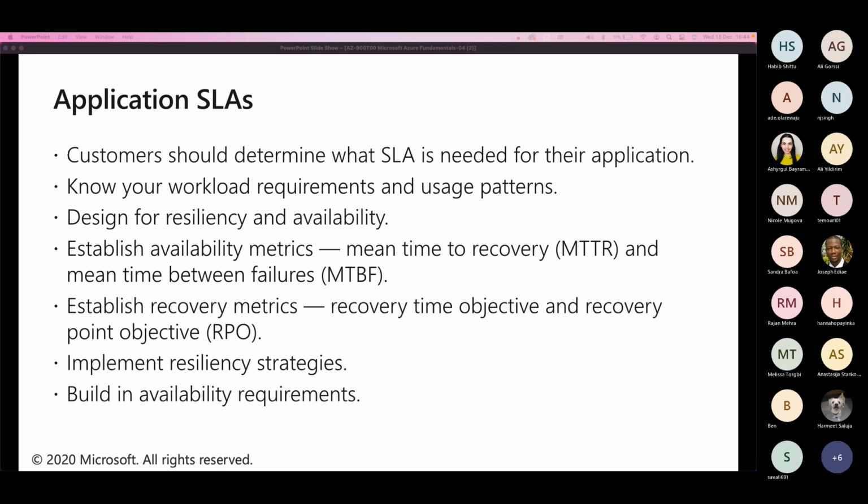Before, if stuff went down, the IT team would work around the clock to try and fix it, but they wouldn't have these requirements, these key performance indicators or KPIs, and now they've been set up because it is run as a business like this. So you have the resilience strategy, and you need to build in availability requirements too.